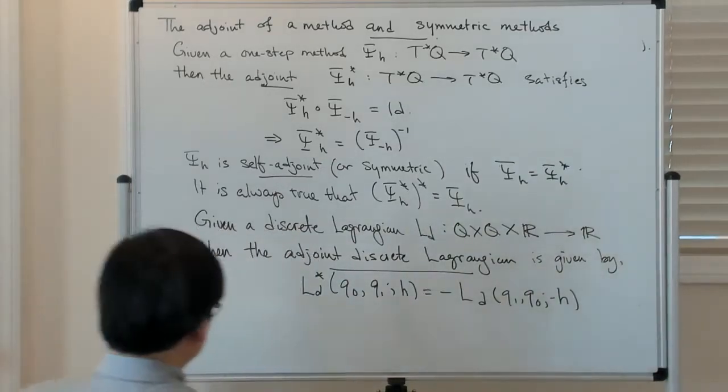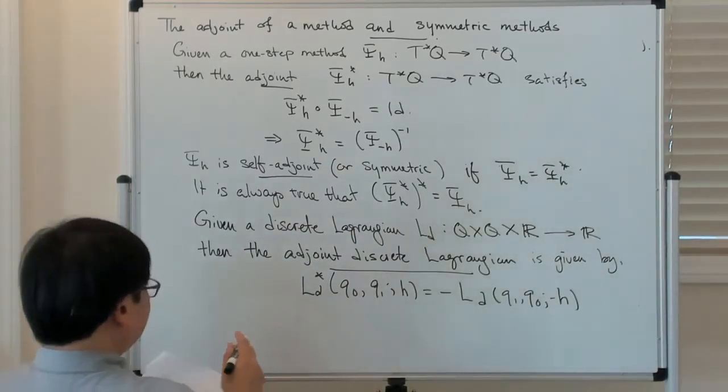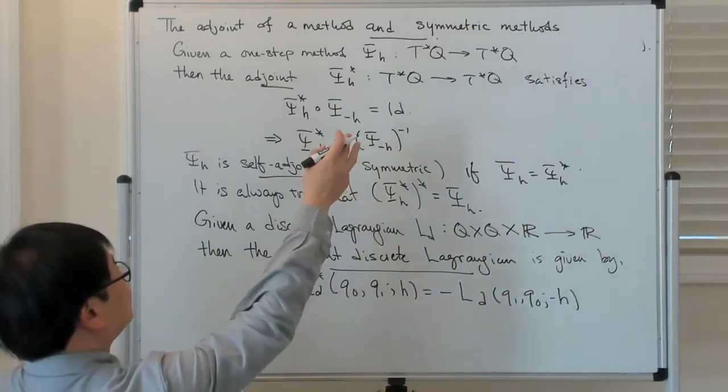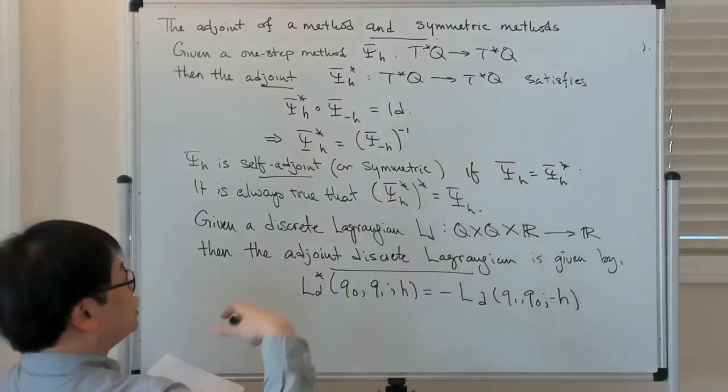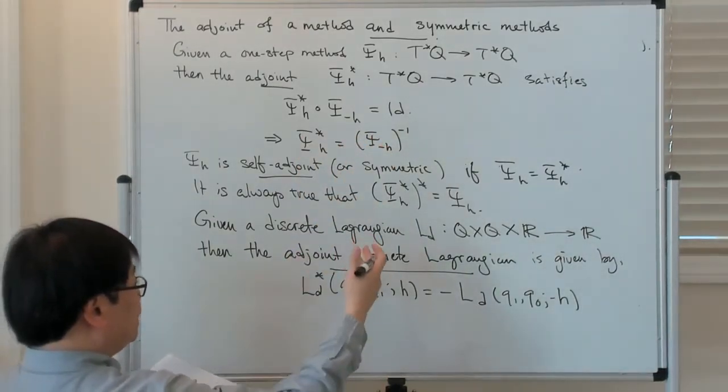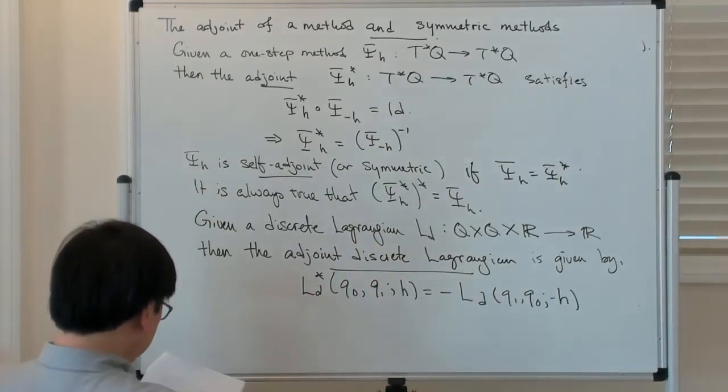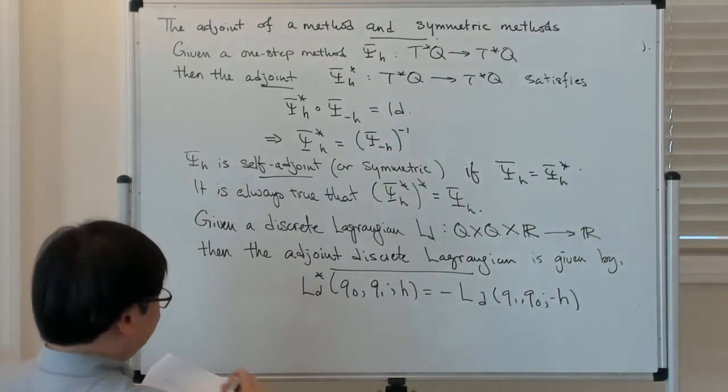As you might expect, the same way that a one-step method can be its own adjoint, if you have a discrete Lagrangian which is its own adjoint, then you say that discrete Lagrangian is self-adjoint.